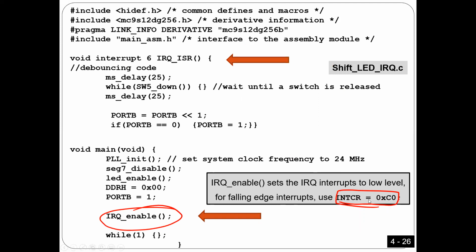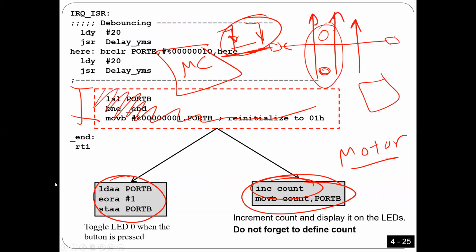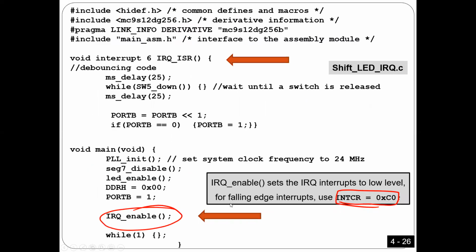So you can write this one this way, or you can say IRQ underscore enable, whatever. Both are okay. Because if you go look inside this function, you will find this instruction, move C0 INTCR, is written inside this function. So it's already written here.